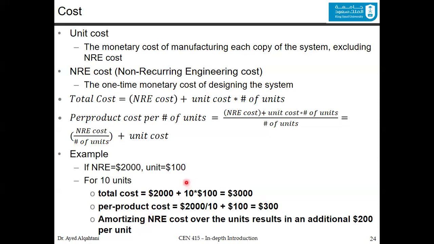Now, to make this efficient, you should produce more, actually much more than only 10 units, to hide this 2,000 cost among those units. And this is another subject of the cost. The feasibility study always thinks about this and other studies as well.